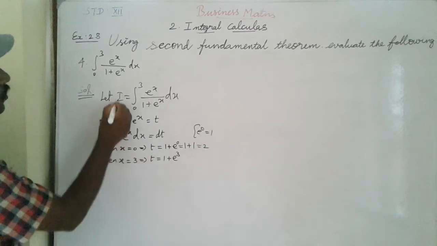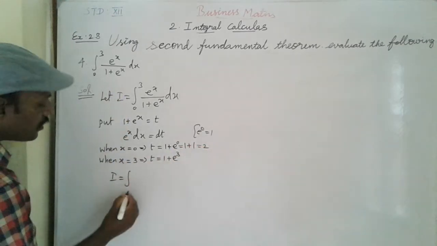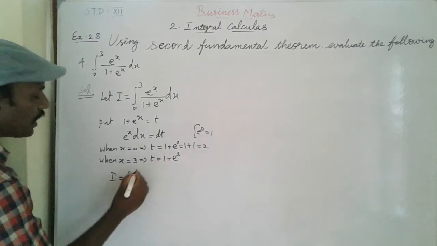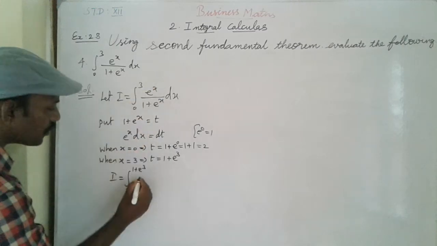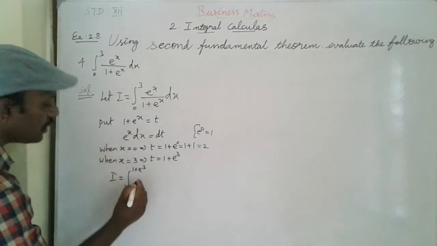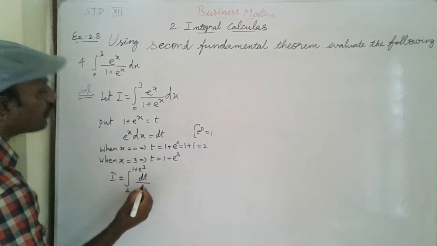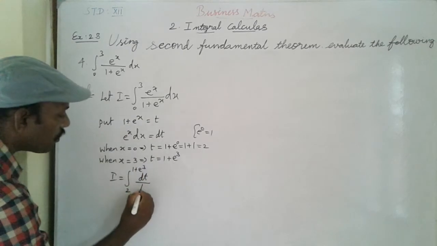So we should substitute this value in I equal to the integral. The first limit is 2, the next limit is 1 plus e power 3. Substituting, e power x dx is dt, divided by 1 plus e power x, which is t.